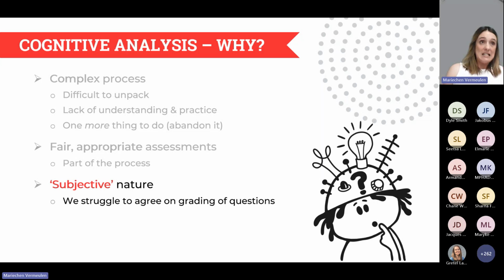So yes, there is going to be differences in opinion. There are going to be disagreements with regards to cognitive assessment or level, but it's important to disagree within narrow margins, okay? Because there are rules to this.